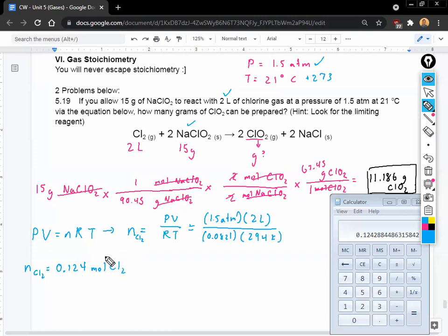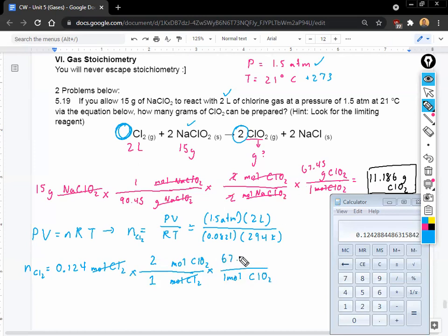Okay, now we're in a place where we're more comfortable. We got moles of Cl2, so we can set up a fraction. I want to get rid of moles of Cl2, and I want to find moles of ClO2. So we just go to the balanced equation. We have nothing in front of Cl2, so we have 1. We have a 2 in front of ClO2, so we put a 2. These cancel out. And then last but not least, we can use the molar mass of ClO2.